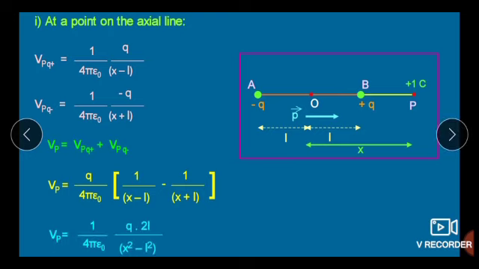So now the expression at a point on the equatorial line. In the previous case, we calculated in the same way. Here we are taking a point Q at y distance because it represents the y axis. In the previous case, it is the axial line, x axis.